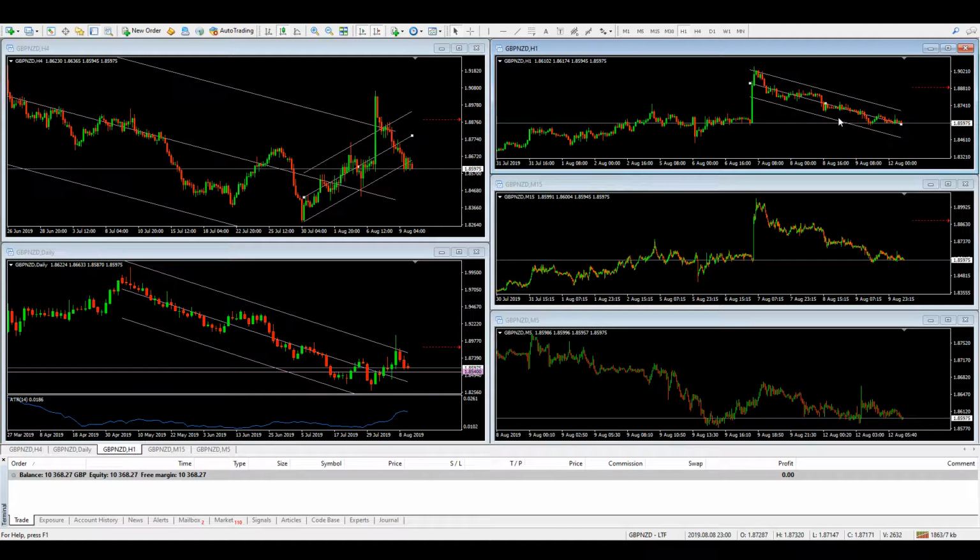Okay, so using the hourly as a guide to short this, I'll be thinking stop loss above here. It's worrying as well, because selling at this point, I'd be selling into that support and previous resistance as well. This level here, it's not a great time to be selling.